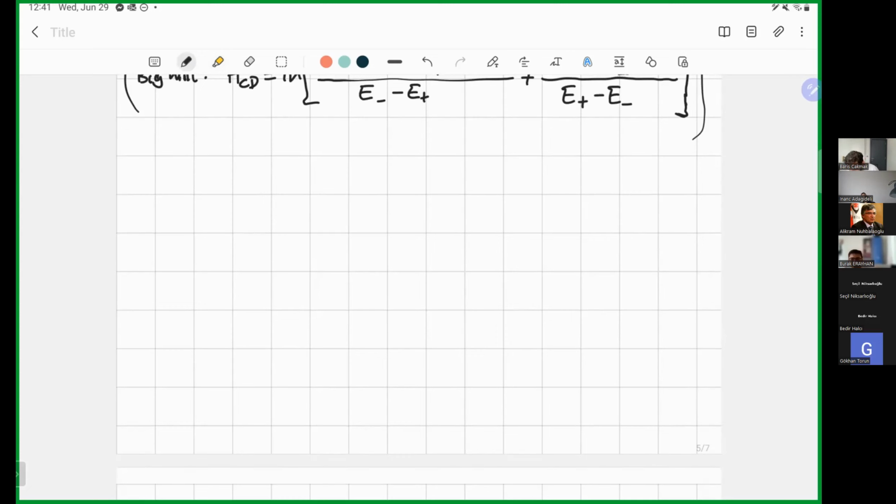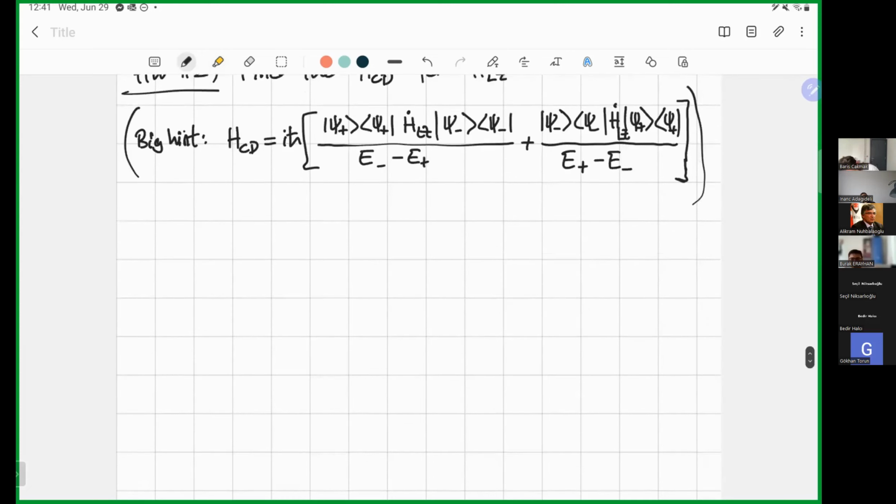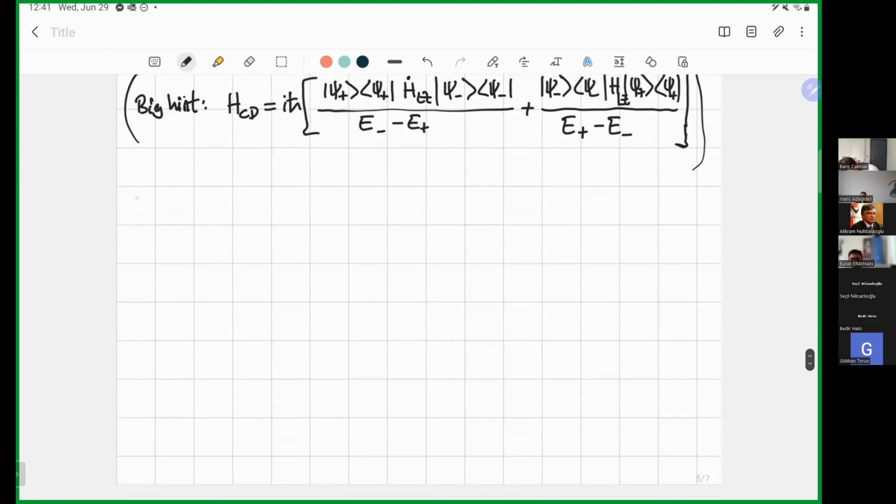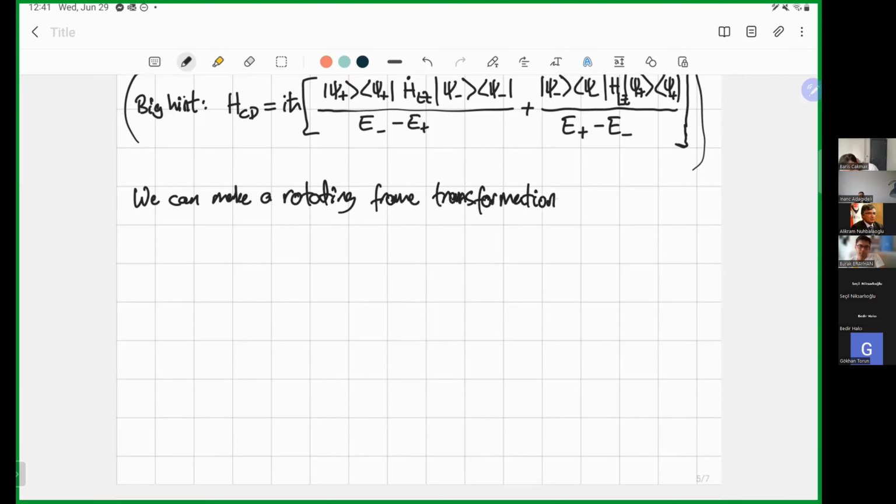You can look up the rotating frame transformation in a quantum mechanics or open quantum systems book.